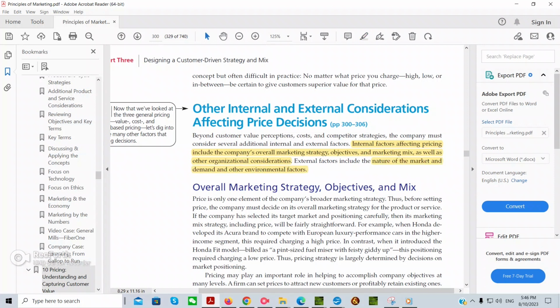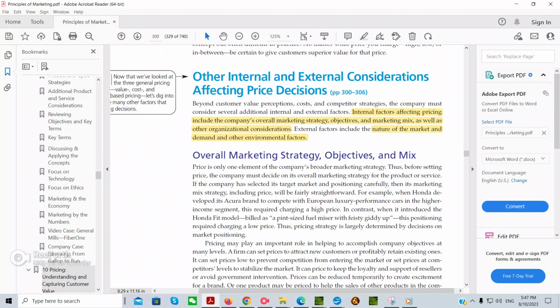That's the nature of the market. The nature of the market can be affected by public policy, and also can be affected by the public perception of the product or service that you're offering. Now, when we consider the overall marketing strategy, objectives, and mix, we need to consider the following.